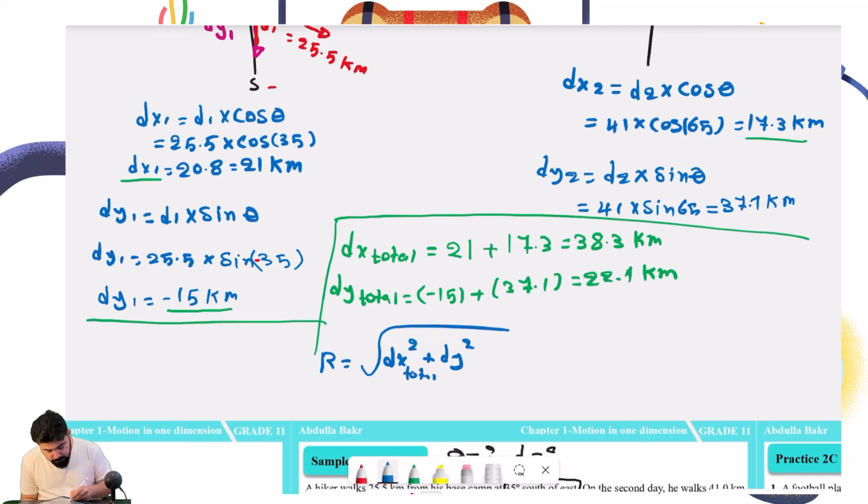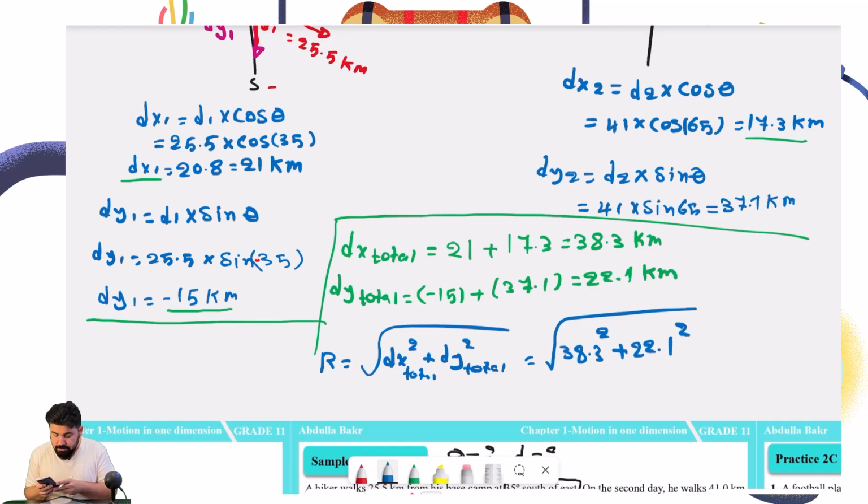So the square root of 38.3 squared plus 22.1 squared. Okay, let's calculate this. We have 44.2 kilometers. So the resultant vector is equal to 44.2 kilometers. Okay, this is the resultant vector.